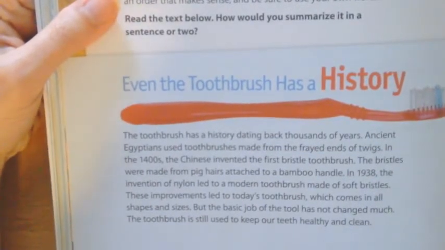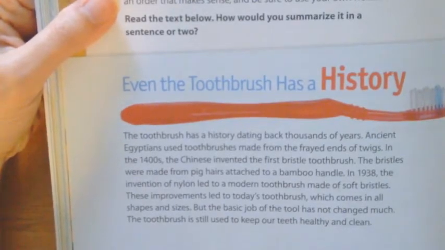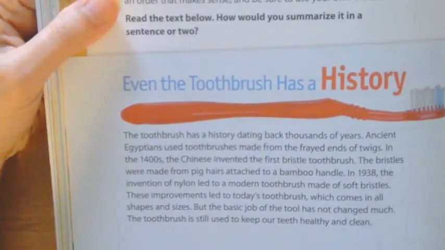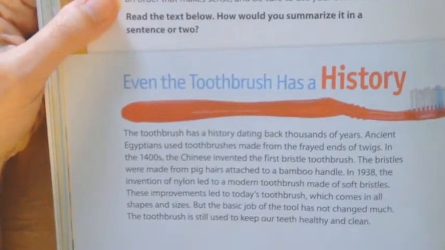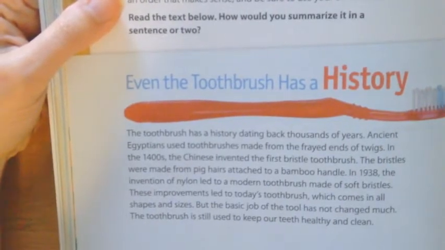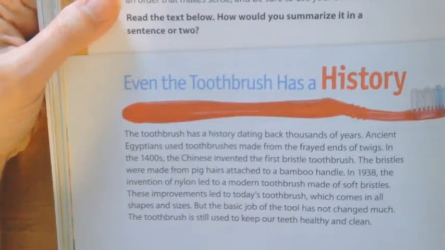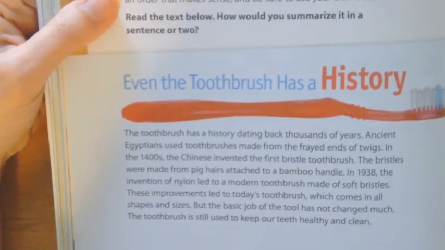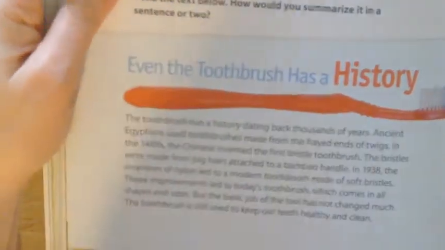So something we can do for close reading is to reread, and it's okay to read it several times to make sure that you're getting all of the best, most important information to write your summary. So, if our main idea is that the materials used to make toothbrushes have changed over thousands of years, I'm looking for 3 key details, similar to what we might see in a graphic organizer.